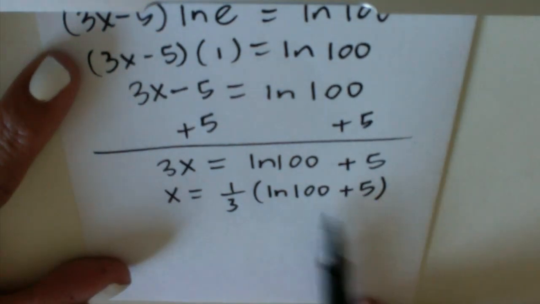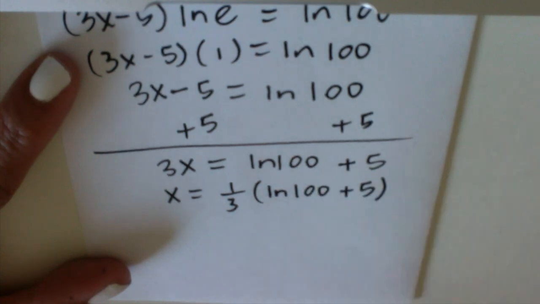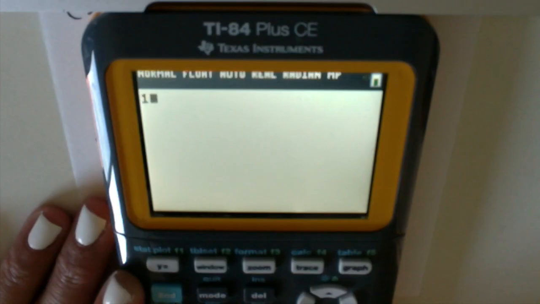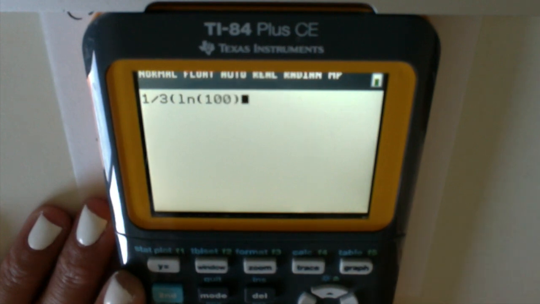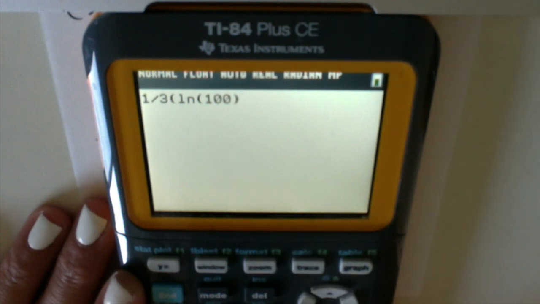Make sure you don't add these together because it's natural log of 100, then plus 5. So just leave it like this. And then again, we're going to get a decimal for this. 1/3 times the quantity, natural log of 100. Make sure you close the parentheses so the calculator knows that you just want the natural log of 100, and then we're going to add our 5. So you get 3.202.